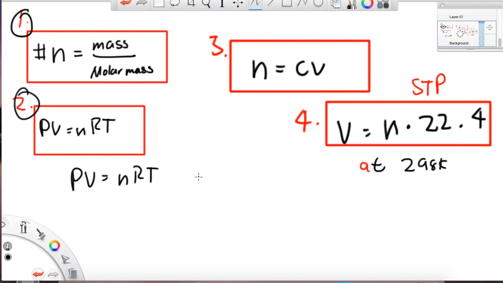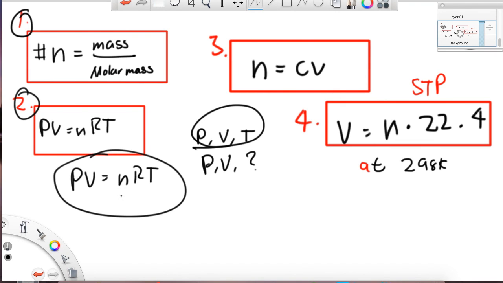So I gave you the previous pressure, the previous volume, and the previous temperature. And I give you the new pressure and the new volume, but I ask you what the temperature would be. You can solve that using only this equation. Even though you don't have the number of moles, you can do the following.